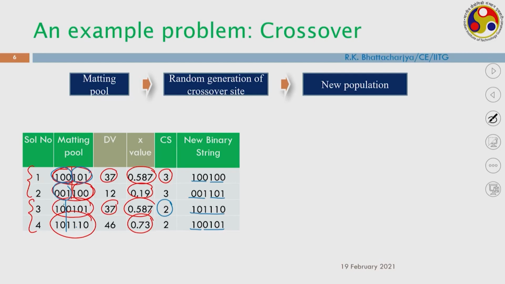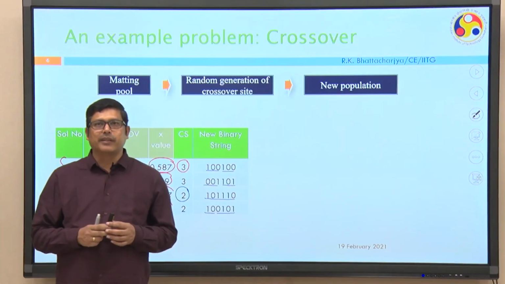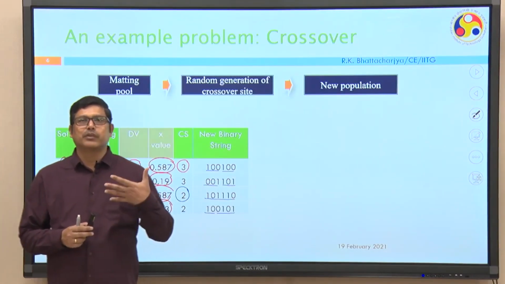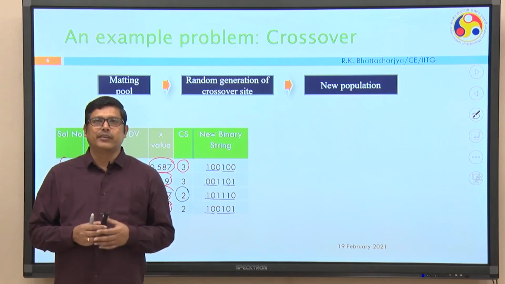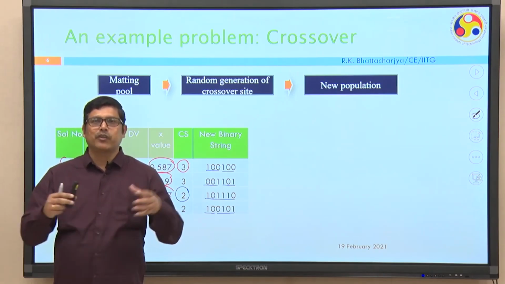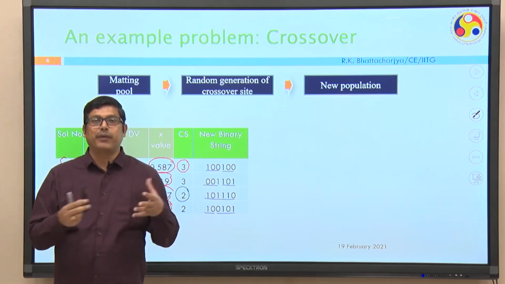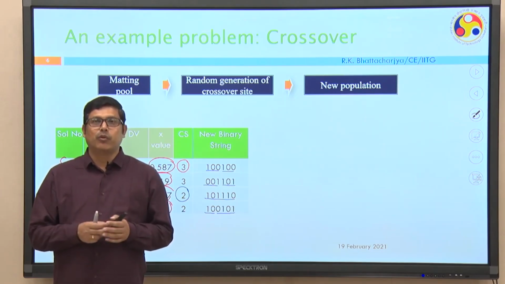What we want basically is to maintain diversity in the population pool. I explained about the selection pressure. What will happen if you increase the tournament size? Your population will be saturated by the best solution.